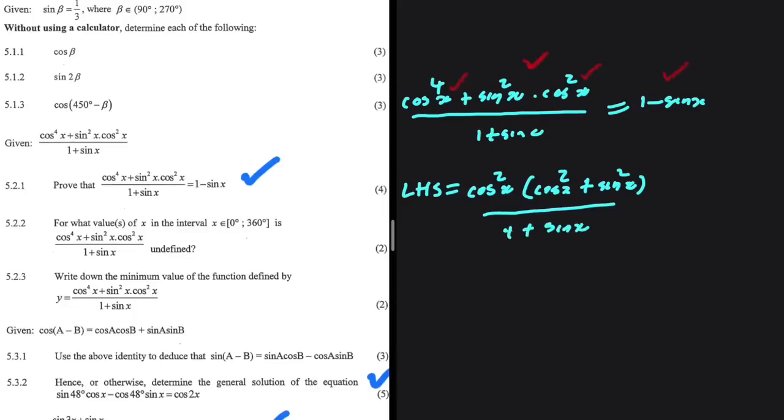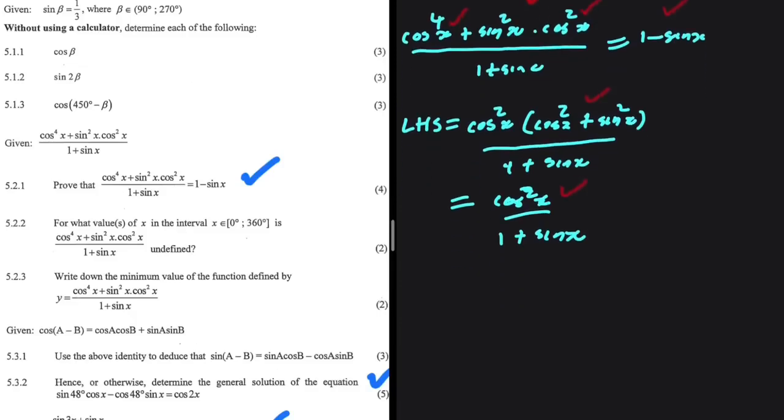So cos squared x and sine squared x will give us 1. That is an identity. So we're going to be left with cos squared x divided by 1 plus sine of x. But we know that cos squared x plus sine squared x is equals to 1. So cos squared x is just 1 minus sine squared x, divided by 1 plus sine of x.